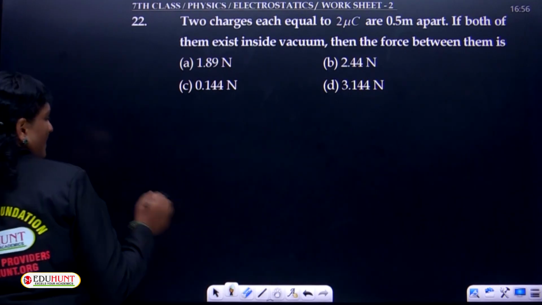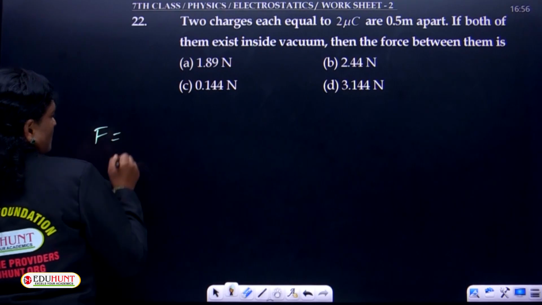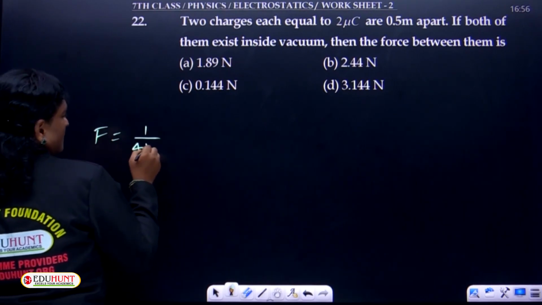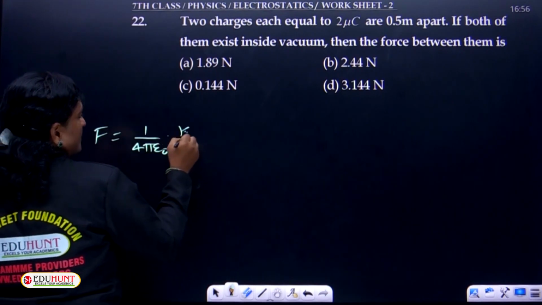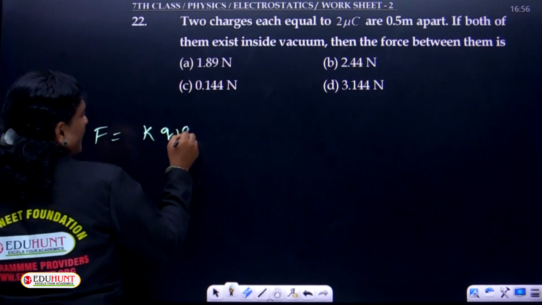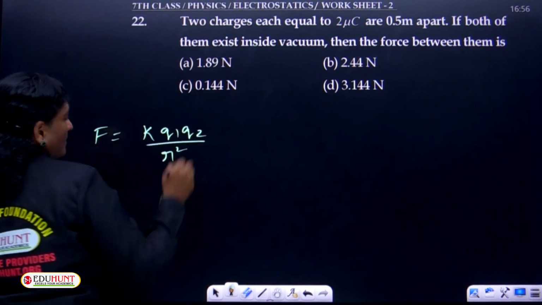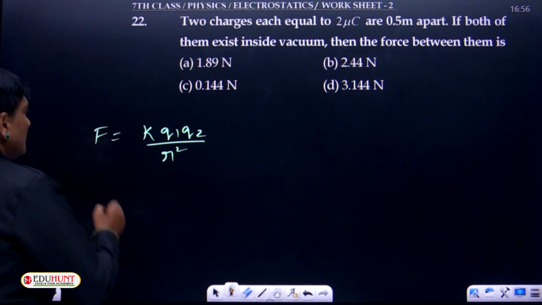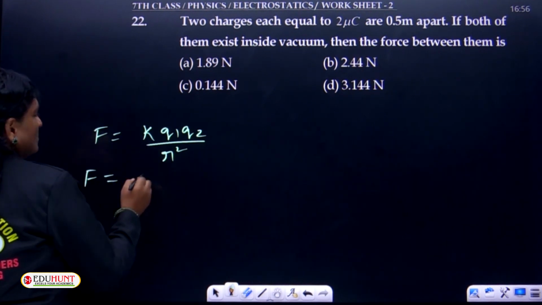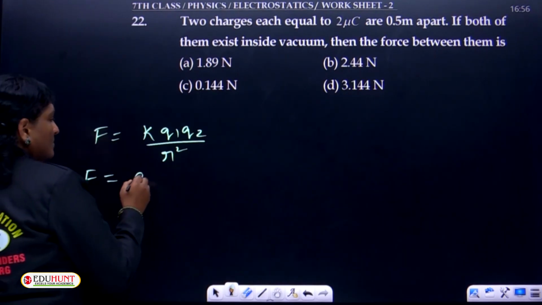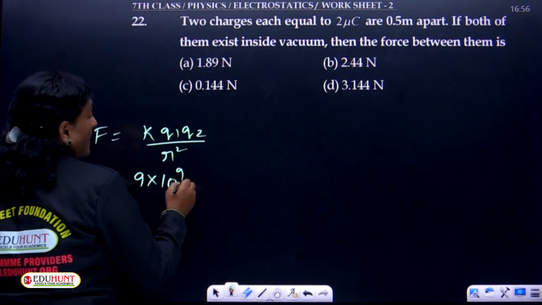The formula for force F is equal to 1 by 4 pi epsilon naught times Q1 Q2 by R square, or simply K Q1 Q2 by R square, where the value of K is taken as 1 by 4 pi epsilon naught. Substituting all the values, K in air is 9 into 10 power 9.